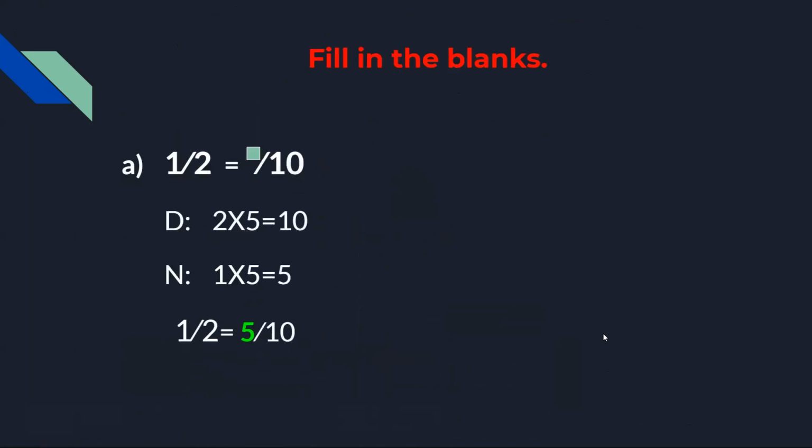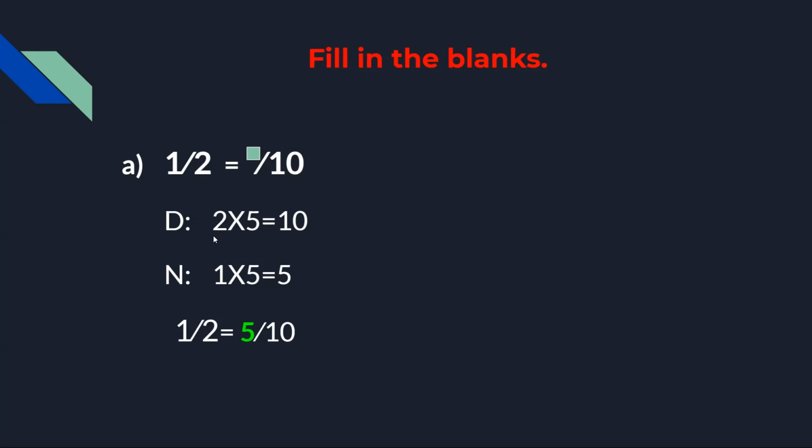The first one is fill in the blanks. The sum is 1 upon 2 equal to dash upon 10. In this sum, we know the denominator of the left side as well as the right side. The left side is 2 and the right side denominator is 10.